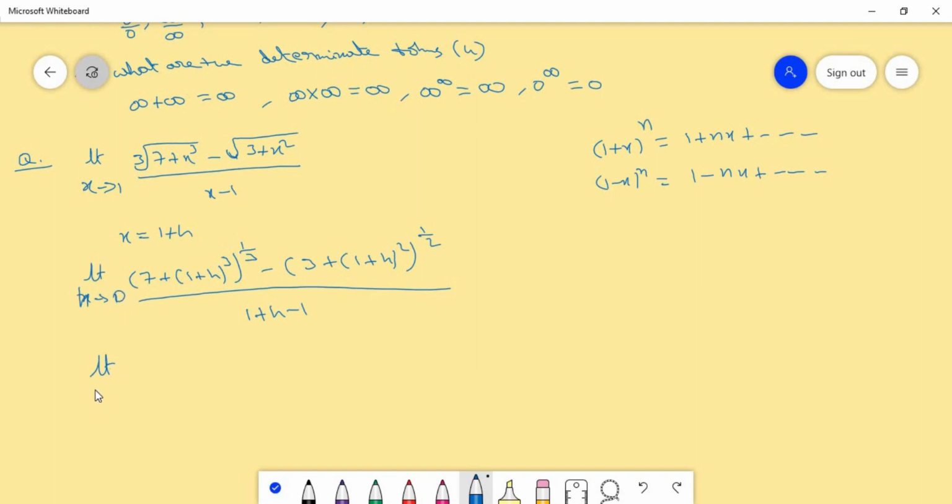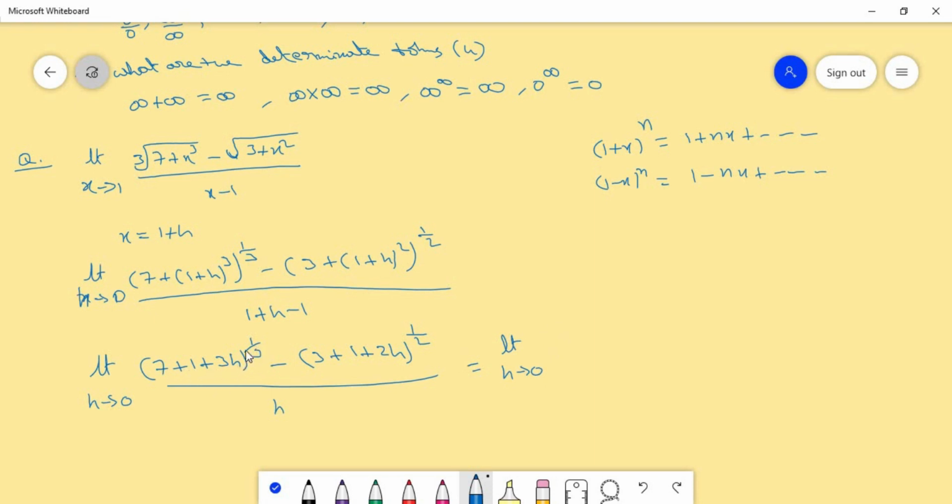Right. Now limit h tends to 0, (7 plus 1 plus 3h, binomial approximation we are applying here) whole power 1 by 3 minus (3 plus 1 plus 2h) whole power 1 by 2, whole divided by 1 cancel, then we get h only, which is equal to limit h tends to 0. This is 8.